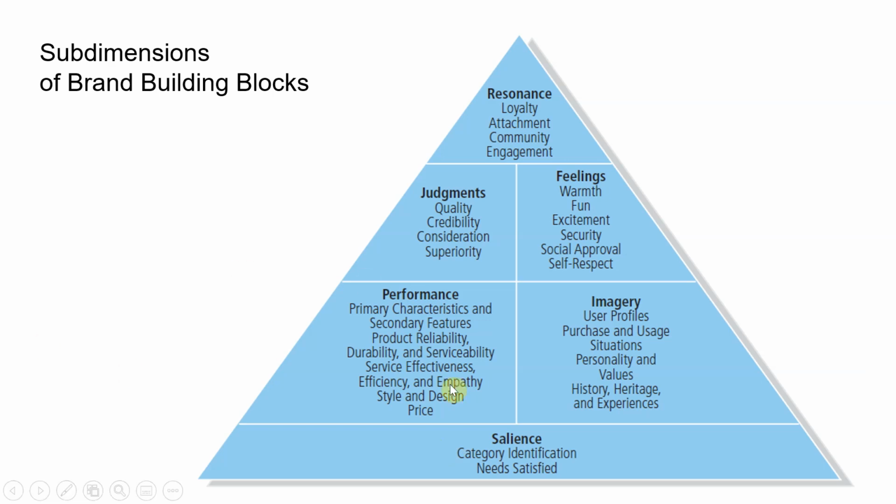In the second step, they will send out a lot of different associations, right? In terms of 2 kinds, performance and imagery, right? Brand performance covers primary characteristics, secondary features, product reliability, durability, serviceability, service effectiveness, efficiency, empathy, style, design, and price.